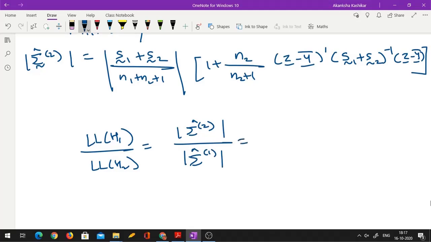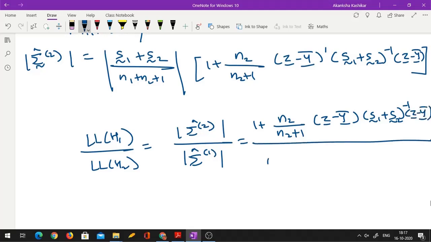So if things get cancelled, we would have 1 plus N2 upon N2 plus 1 (Z minus Y bar) prime (S1 plus S2) inverse (Z minus Y bar) upon 1 plus N1 upon N1 plus 1 (Z minus X bar) prime (S1 plus S2) inverse (Z minus X bar).